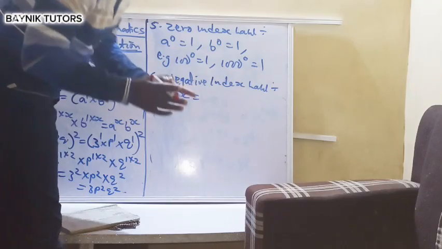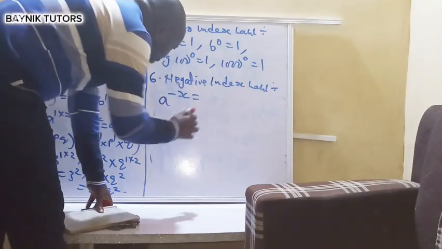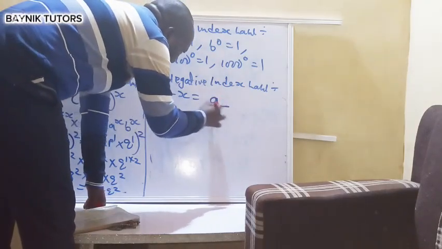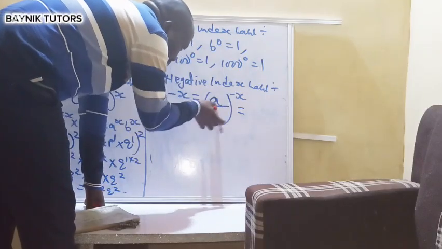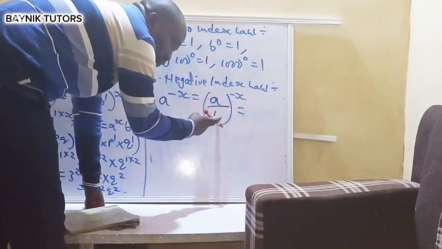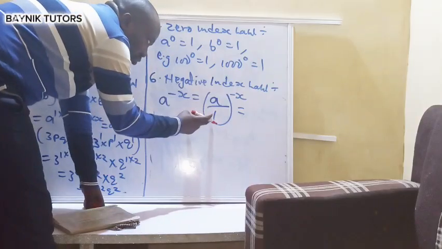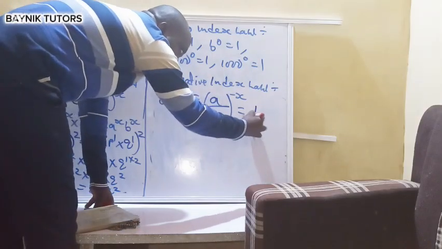So we assume that this is the same thing as saying a raised to power 1, raised to power minus x. Then we do an interchange: the numerator becomes the denominator, while the denominator becomes the numerator. So we now have 1 over a.